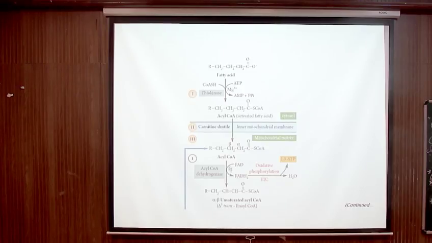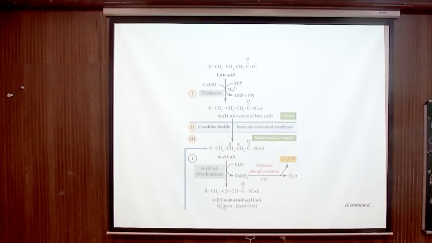The first coenzyme that is needed in this oxidation of acyl coenzyme A is FAD. Fatty acid oxidation, FAD. So acyl coenzyme A, first step is oxidation by acyl coenzyme A dehydrogenase using FAD, which gets reduced to FADH2, which will generate 1.5 ATP after getting into the electron transport chain.